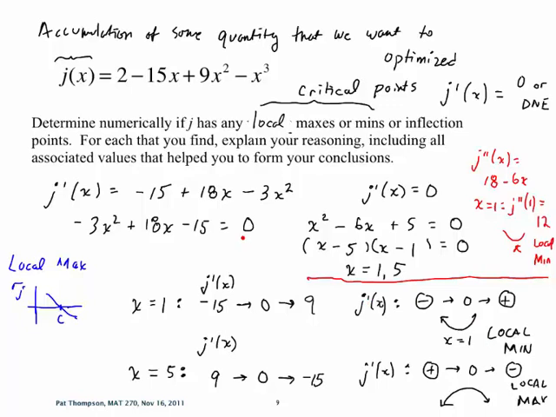Let's find the actual accumulation at 1, the actual accumulation at 5, and the actual accumulation at 3, which we just said makes the second derivative equal to 0. Let's get those output values while I'm erasing here. So get those three output values: j of 1, j of 5, j of 3.